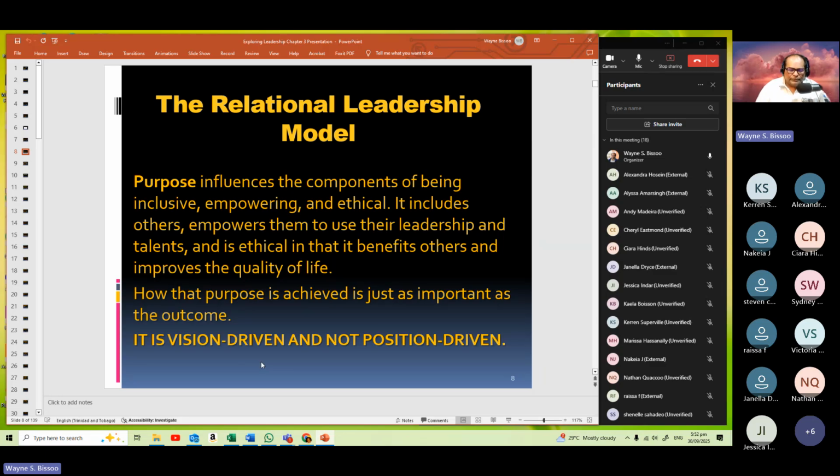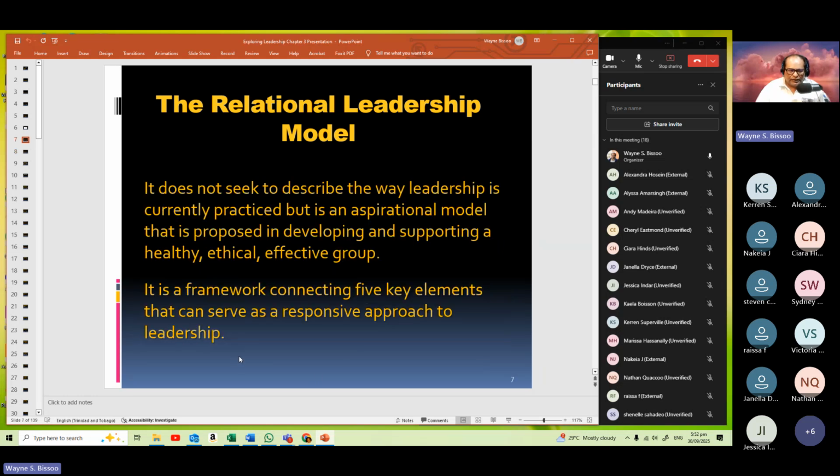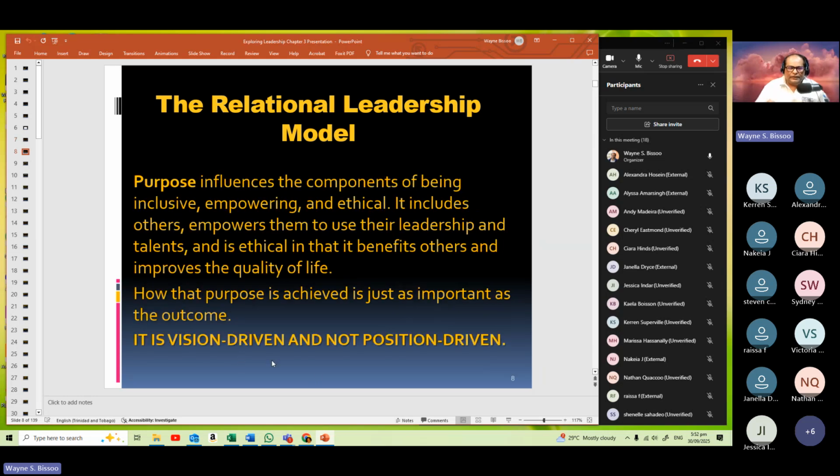If an organization is position driven, it means that in the absence of that individual, the purpose of the organization begins to fall apart. Whereas if it is a socialized vision that the organization has, then there's a greater likelihood that the organization will continue existing and driving towards its vision if it's something that's shared among people, and that's something that we're going to pay attention to in a little more detail moving forward.